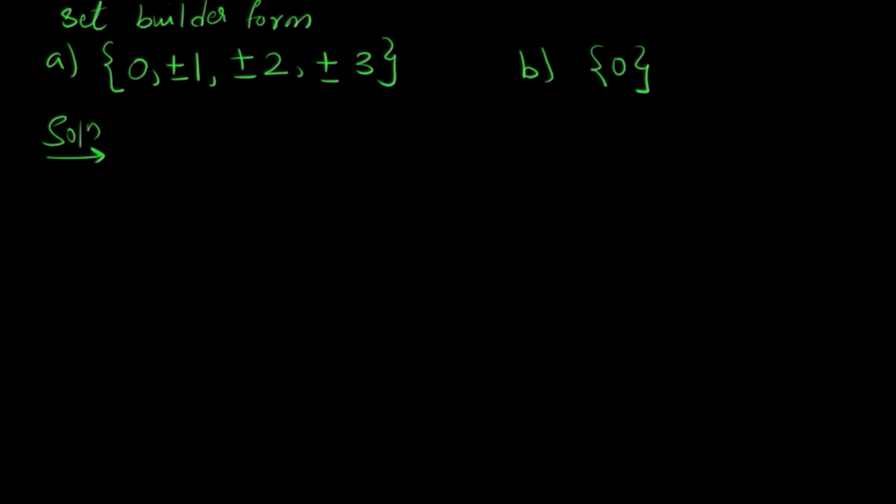First we suppose x such that x belongs to integers and x is greater than minus 4 and less than 4. Greater than minus 4 is minus 3, minus 2, minus 1, 0, 1, 2, and less than 4 is up to 3.